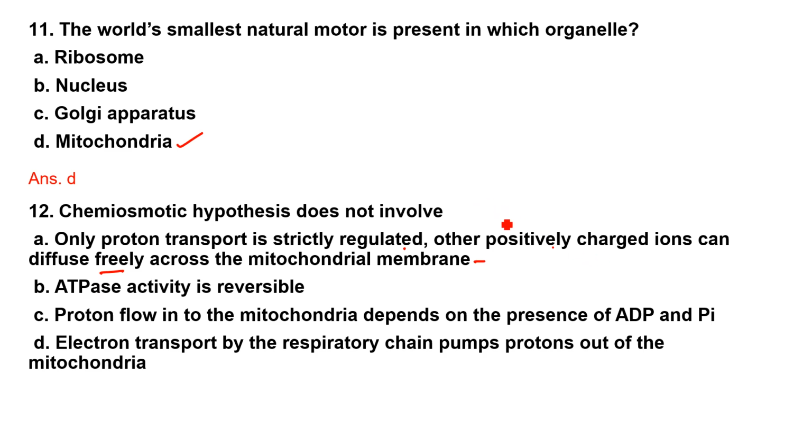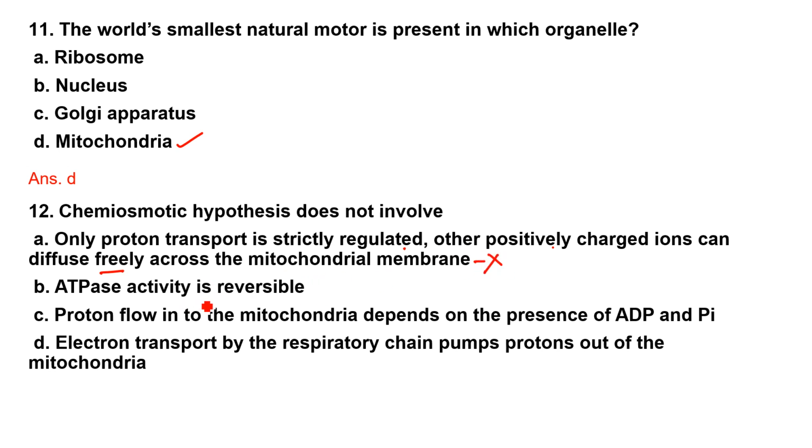That is why the inner membrane does not allow any type of positively charged ions to enter into the matrix, because if it allows potassium ions or sodium ions, then this electrochemical gradient will be disturbed, and then the ATP will not be generated. So the second part of this statement is actually wrong.